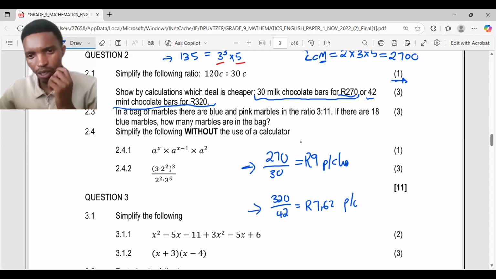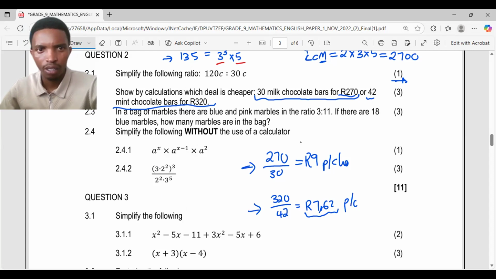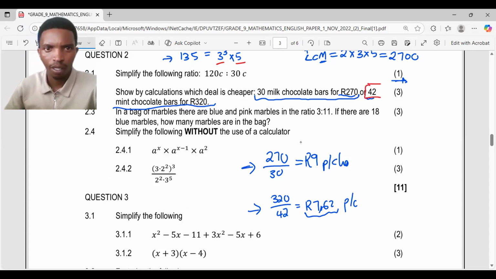The second one, because in the second one each chocolate is costing 7 rand and 62 cents. So the second deal here is the cheaper one.